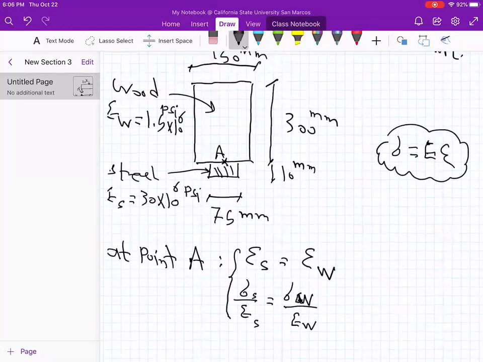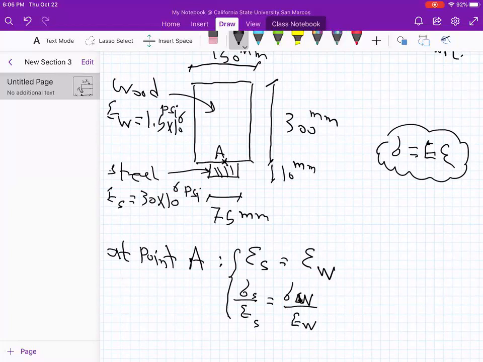We have wood here and steel at the bottom. I want to pick the steel and, instead of the steel, put the equivalent wood. That's the idea.